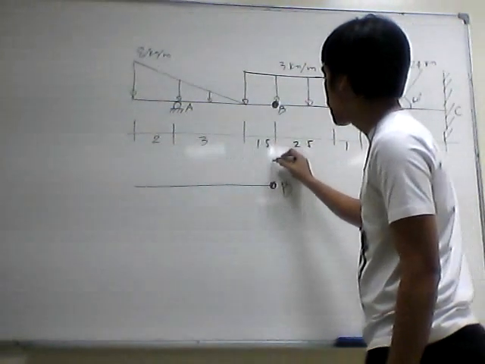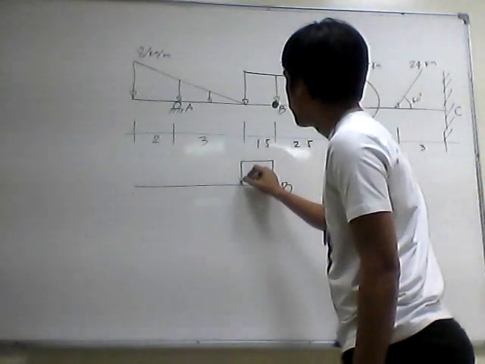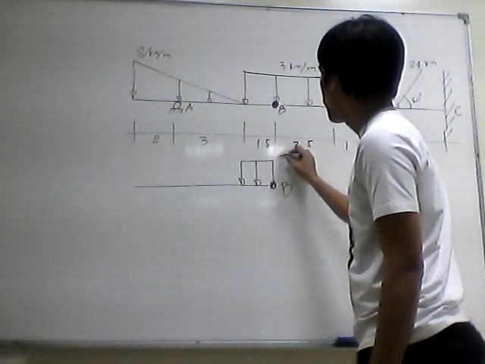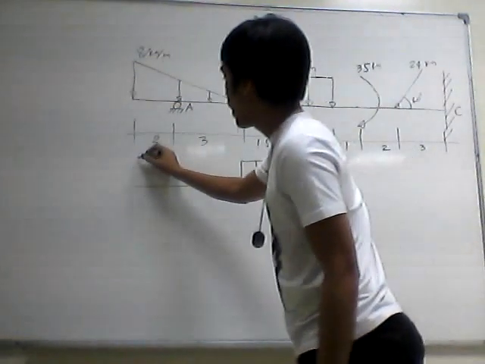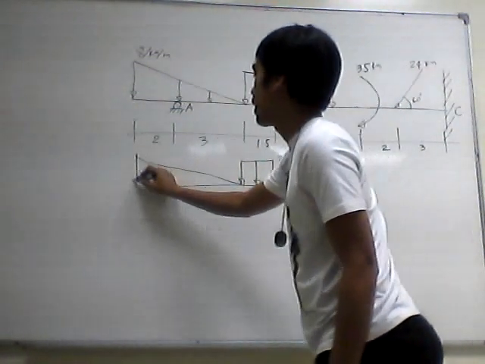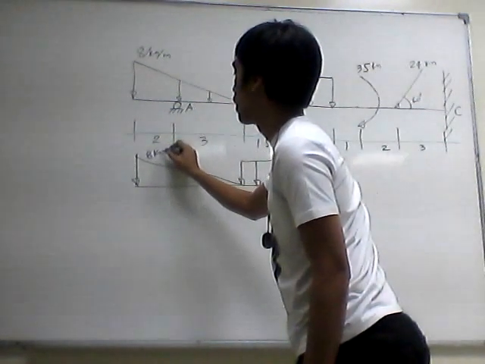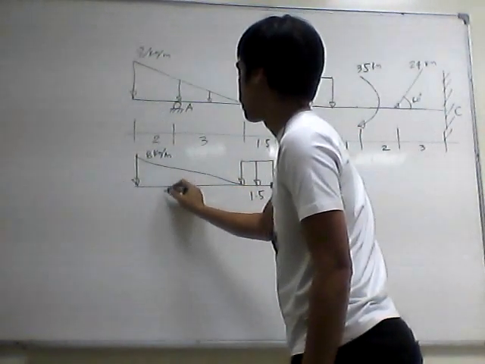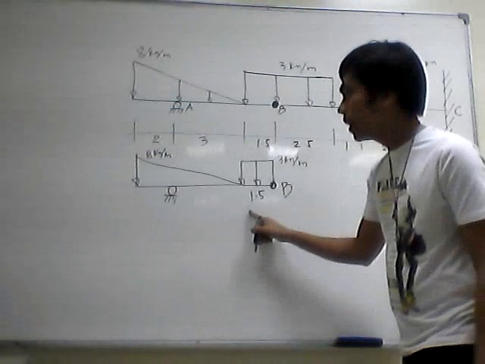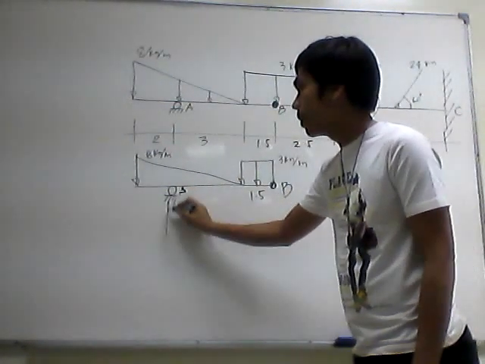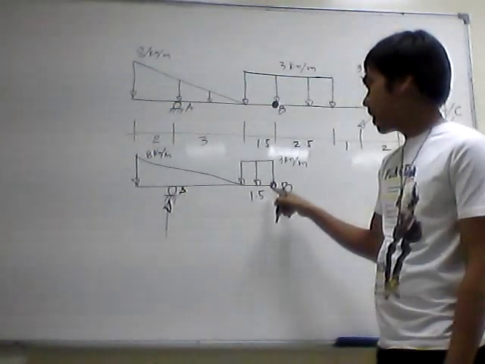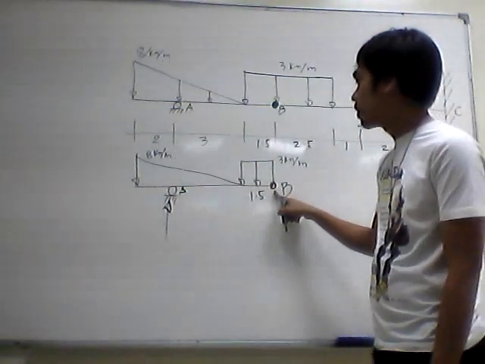This is B here, and then we have the 3 kilonewton per meter load over 1.5, and the triangular load here. Considering the equilibrium of this portion AB, we can solve for the vertical reaction at A, taking summation of moment at B equals 0.